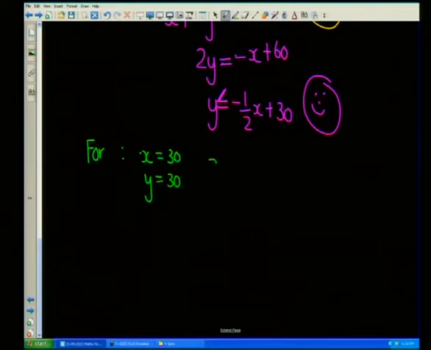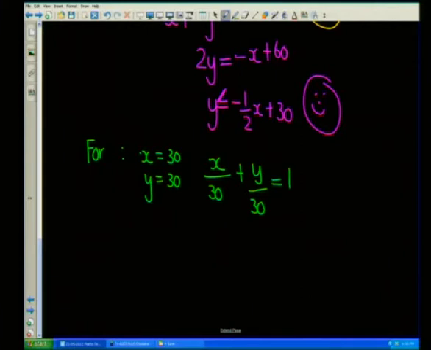And so I would get X over 30 plus Y over 30, and it's always equal to 1, guys. That never changes, this new fancy way if you've got your X cut and your Y cut. So again, I'm going to get X plus Y is equal to the common denominator, so that would become 30.